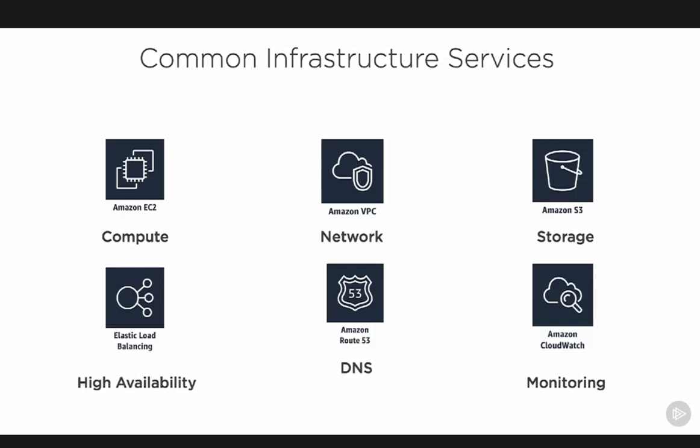Now, when we start to talk about high availability, we're going to look at elastic load balancers. When we talk about traffic routing, we'll look at Amazon Route 53. And then in reference to DevOps and your monitoring and logging, we'll be looking at Amazon CloudWatch.